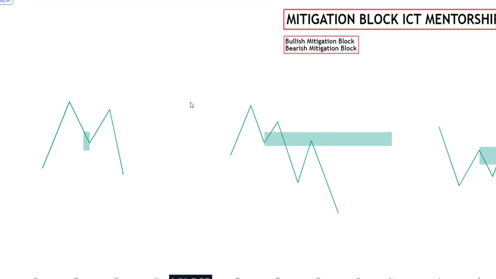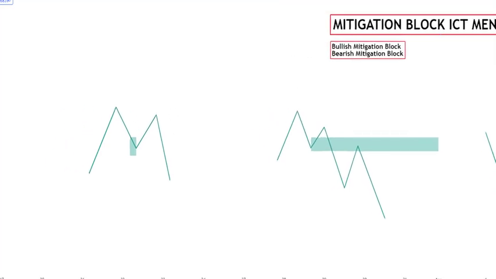The only difference between a breaker block and a mitigation block is that a breaker block will have to push above the previous high before crashing into it. But a mitigation block is a failed swing from here to here. You can actually see that it couldn't even take out the previous high it created. But a breaker block will take out the previous high it created.